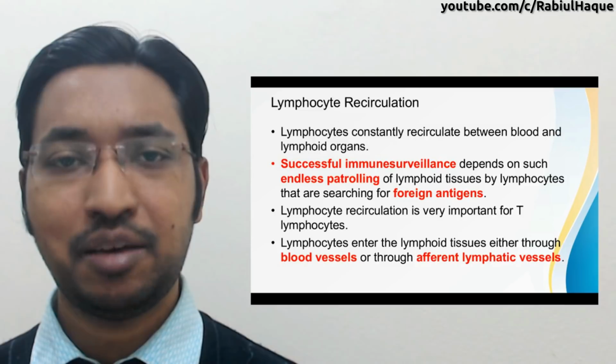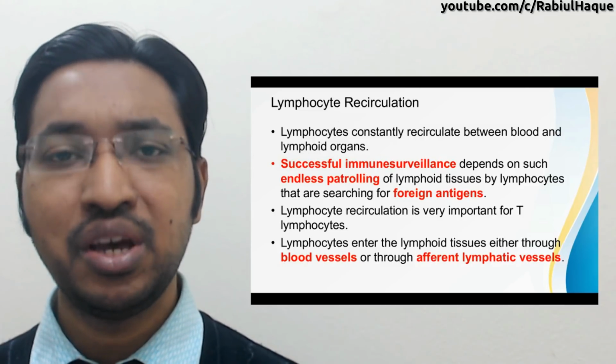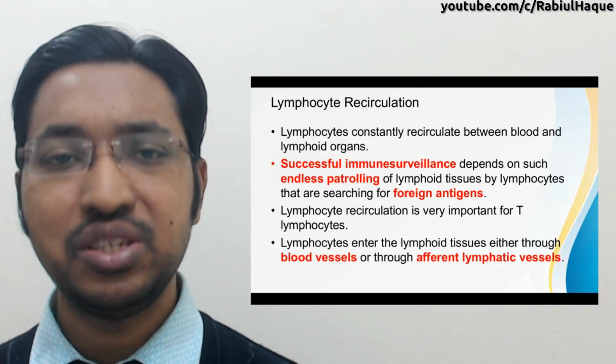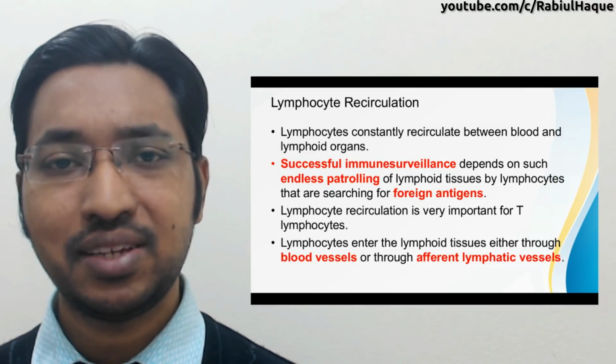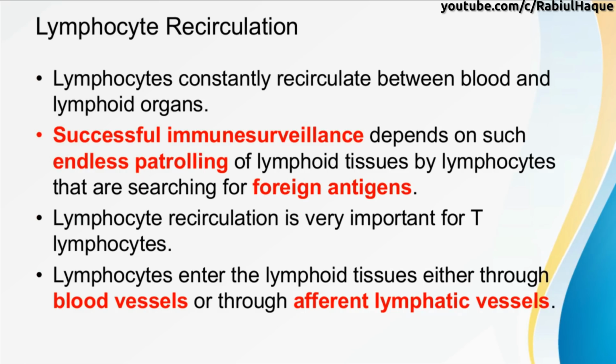Now the last topic that we will talk about is regarding lymphocyte recirculation. So let's talk about that now. Lymphocytes are constantly recirculating between blood and lymphoid organs, and this is very important for immune surveillance.